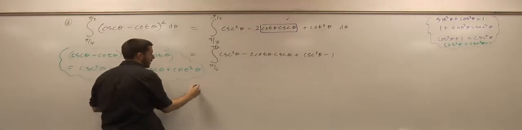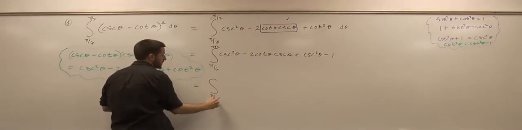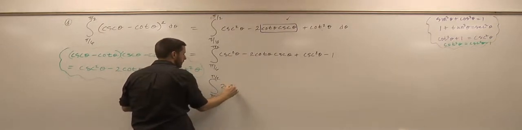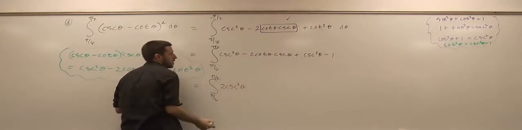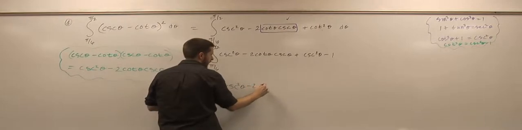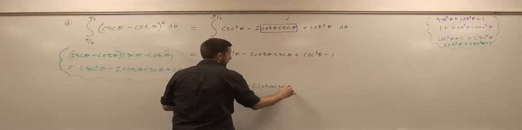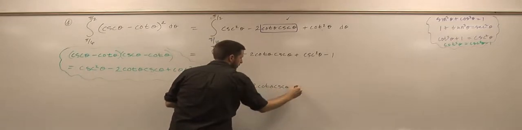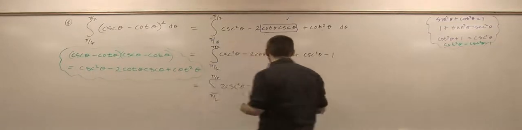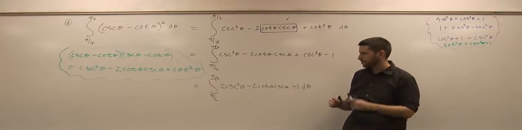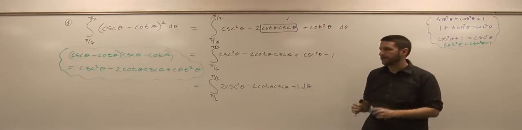So down here, I have integral pi over 6 to pi over 2. I have two cosecants, minus 2 cotan cosecant, minus 1. And then each of these I know an antiderivative.